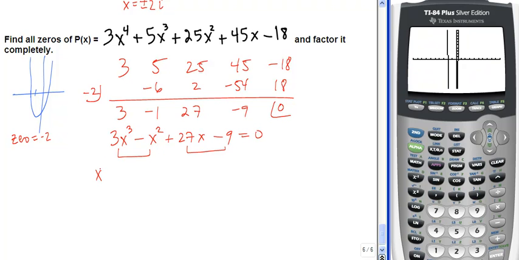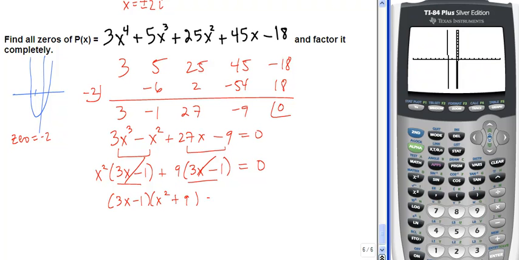So from these 2 I can pull out an x squared, and I would be left with 3x minus 1. Then these 2 both have a 9 in common, so if I pull out a 9, I would be left with 3x minus 1 as well, which is really good news because now these 2 factors match. So I can pull out a 3x minus 1 in parentheses and be left with x squared plus 9.